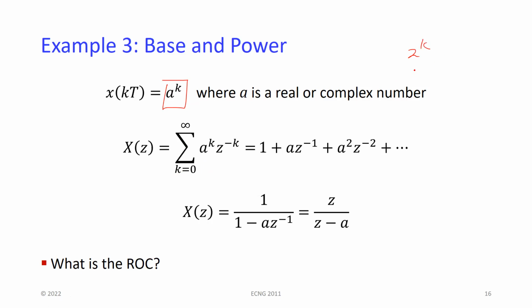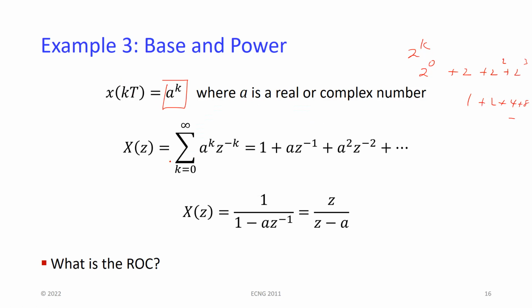That series of numbers will be 2 to the power naught plus 2 squared plus 2 cubed, just for argument's sake, which is 1 plus 2 plus 4 plus 8, etc. If there is an exponential type of sequence, what is the Z transform of that exponential type sequence?